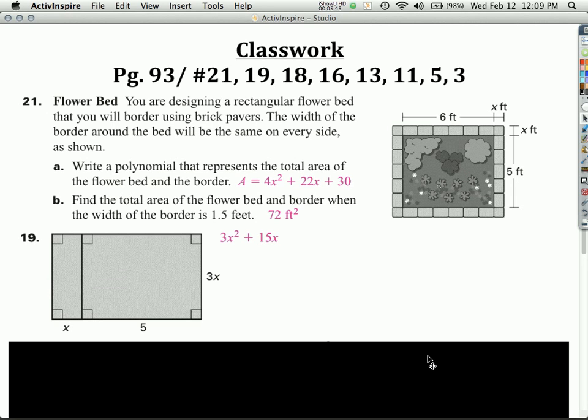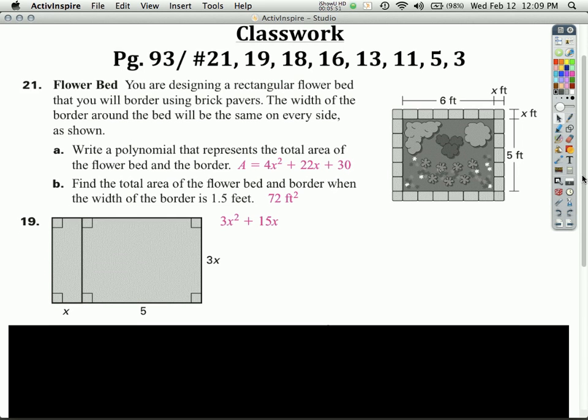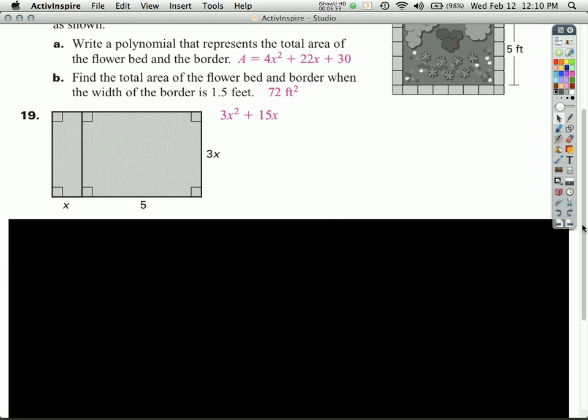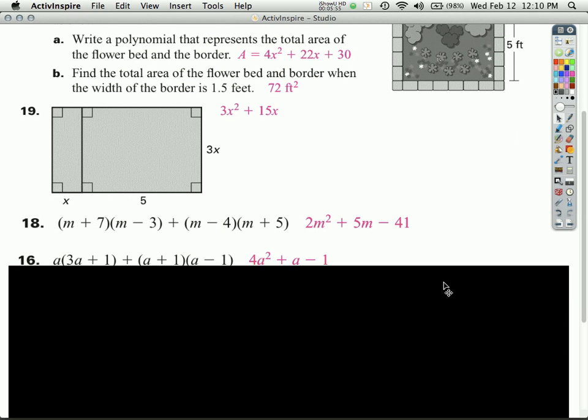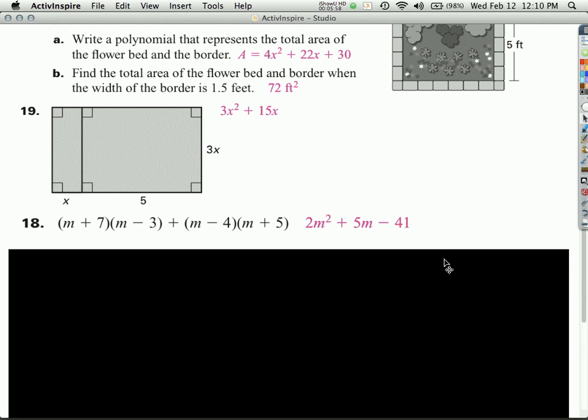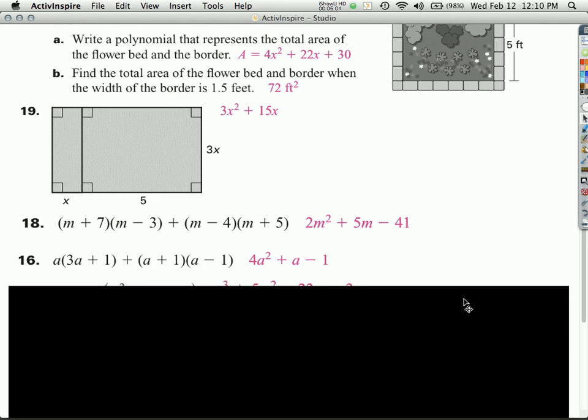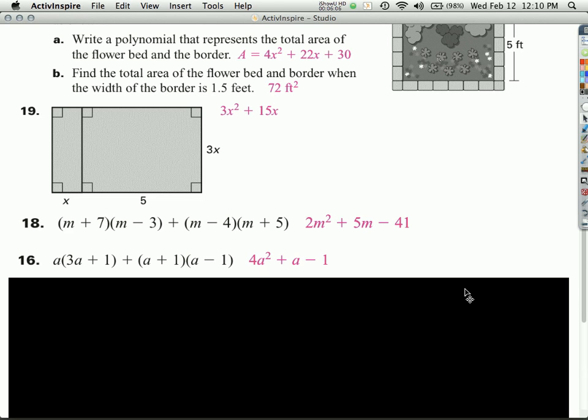The total area is 3x squared plus 15x. Number 18. 2m squared plus 5m minus 41. 16. 4a squared plus a minus 1.